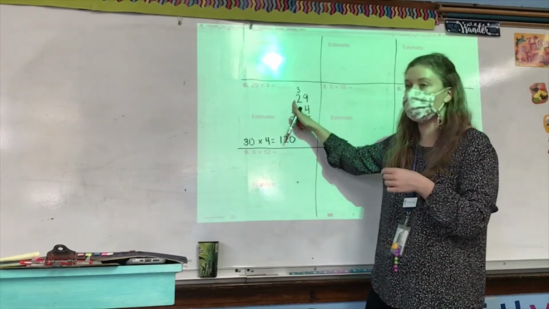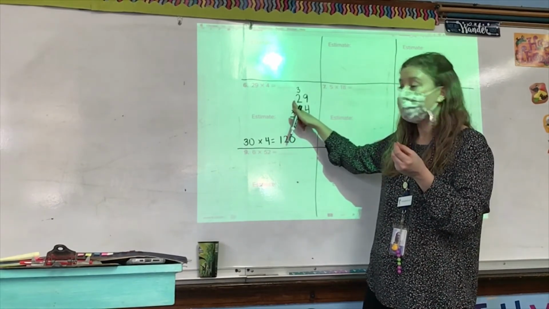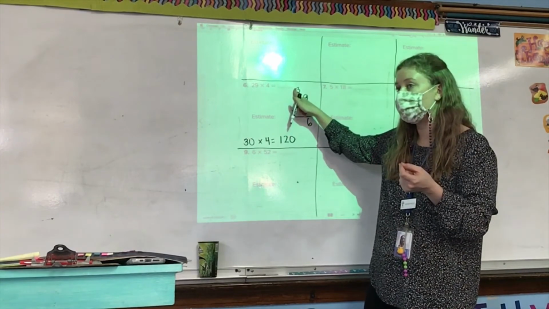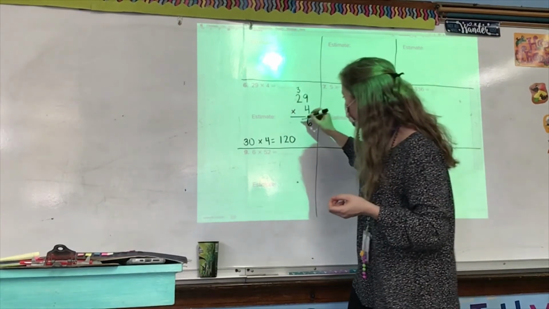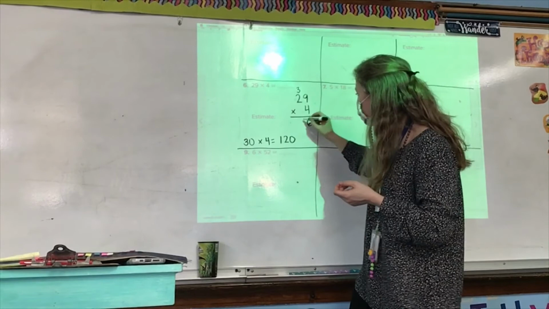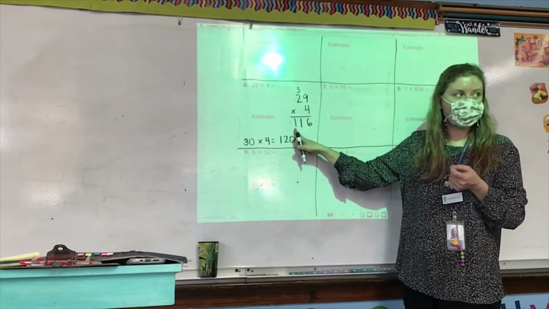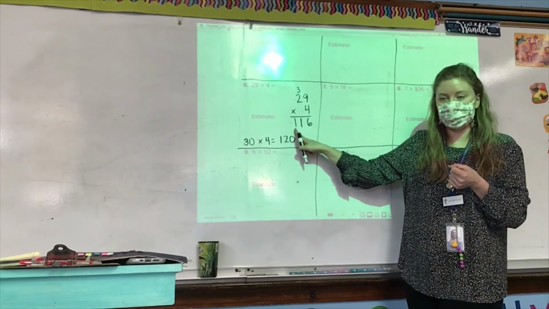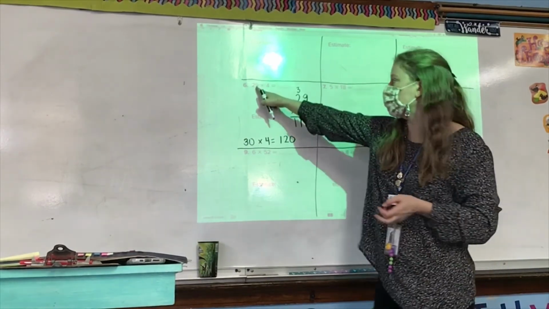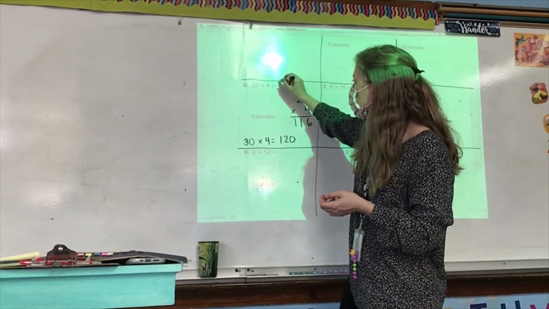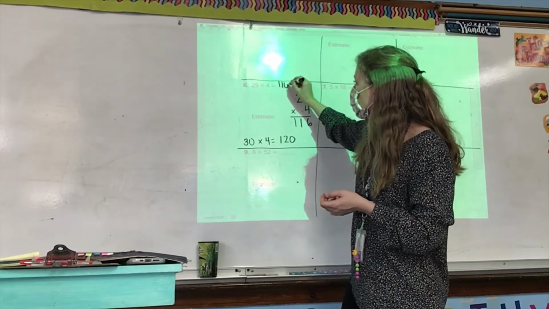So 4 times 2 is 8, plus 3 is 11. 11. We don't have a hundreds place to regroup to, so we can go ahead and put that extra digit in the hundreds place. So Victoria, that means 29 times 4 is 116.